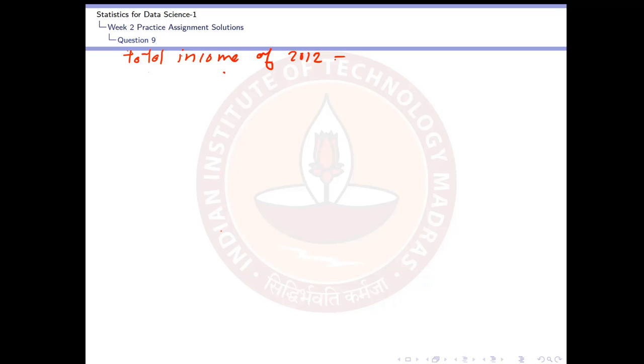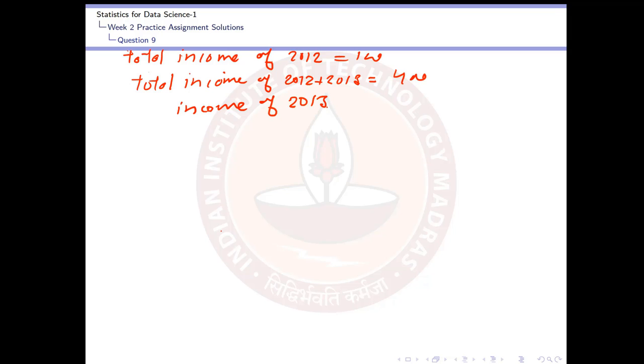Now what will be your total income of 2012 and 2013? That will be 4 times the income of 2012 by the area principle, because the area of pie chart of 2012 plus 2013 is 4 times the area of pie chart of 2012. So the total income will be 400. So income of 2013 will be 400 minus 100, that is 300.